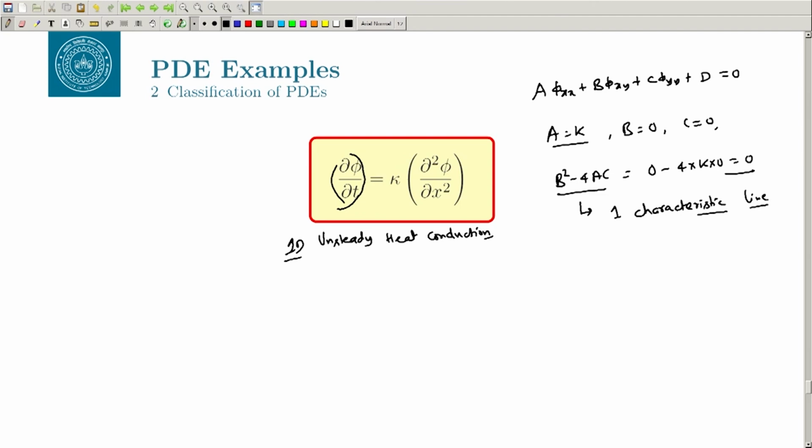That means there is only one line across which the derivative phi x x is either not defined or basically cannot be determined. Okay. So, if you look at this problem physically, these kind of equations are called the parabolic equations. Okay.